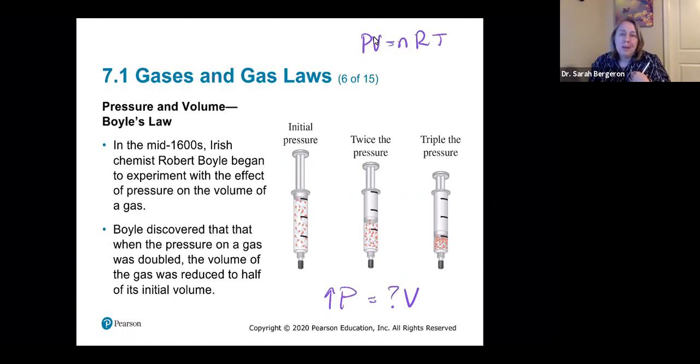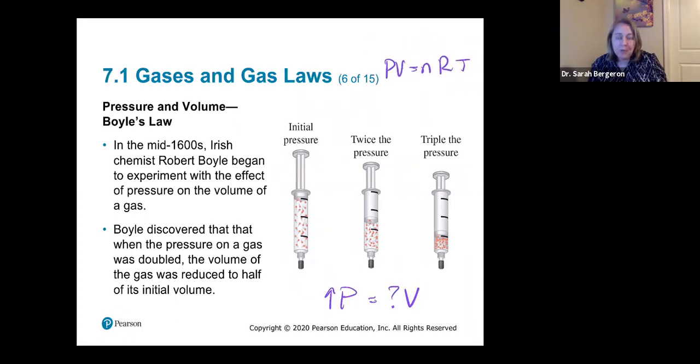So if we want to think about pressure and volume, if you look at this equation, it's just a mathematical equation. If we know that pressure is going to increase, say I take my syringe and push down on it, I'm putting pressure on all those gas particles. What's going to happen to the volume?